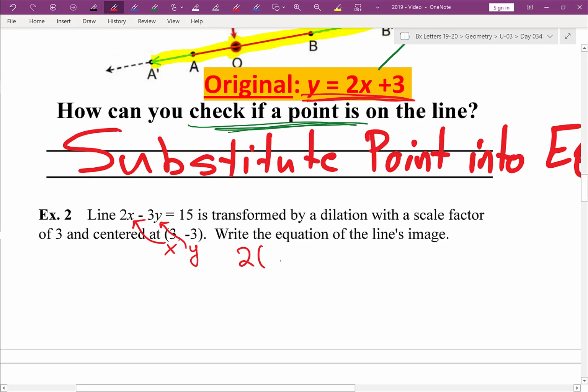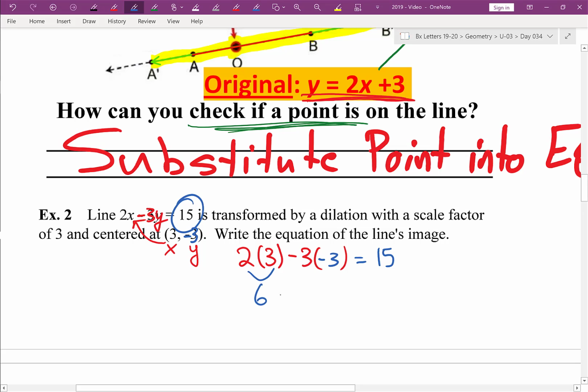Because right now it's written real nice. My x value is supposed to be 3. I'm going to copy that minus 3, and then instead of y, I'm going to leave it open, and I'm going to substitute in this y at negative 3. And all of this needs to equal 15.